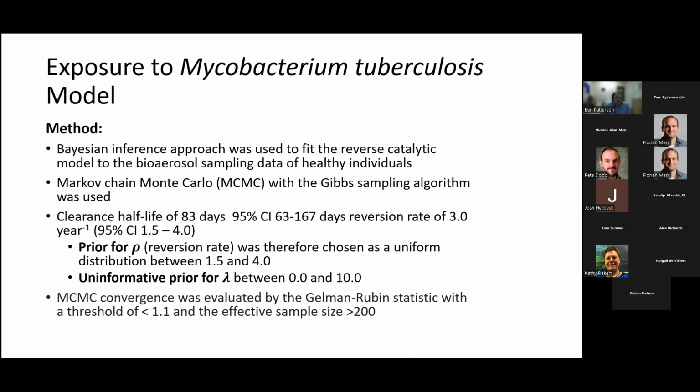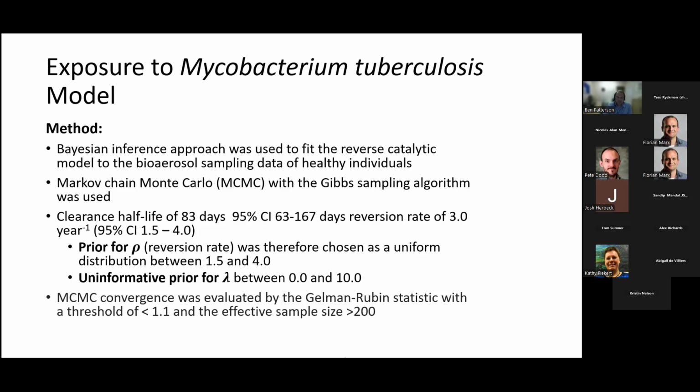So the method we used was a Bayesian inference approach to fit this reversible catalytic model to our prevalence data. This is prevalence data of healthy individuals. And we used Markov chain Monte Carlo with Gibbs sampling to achieve that.